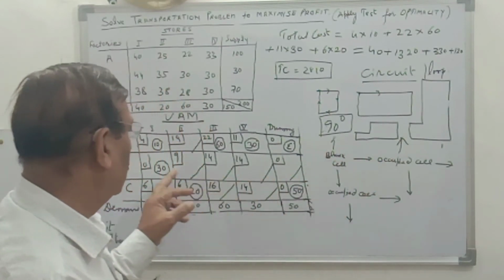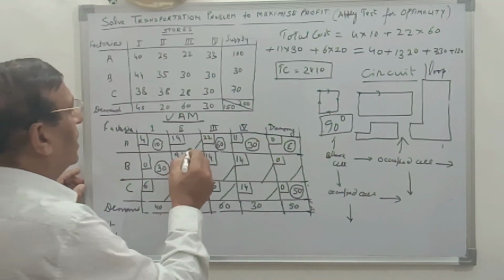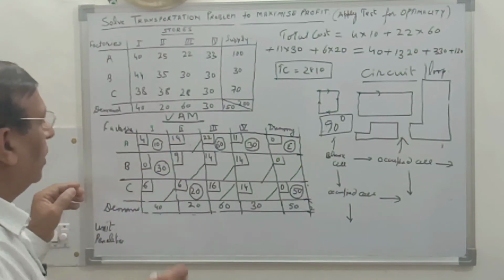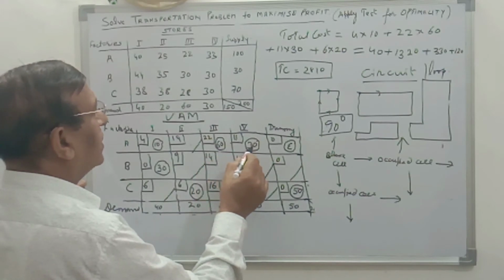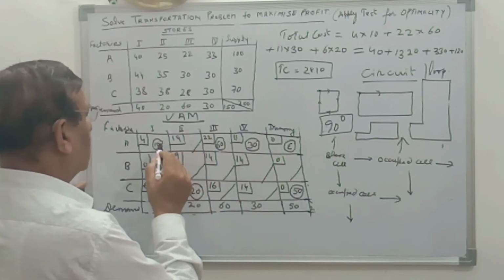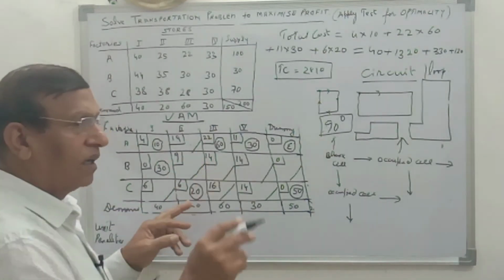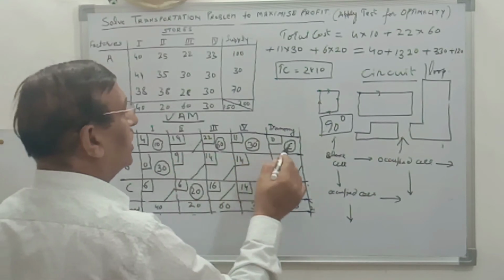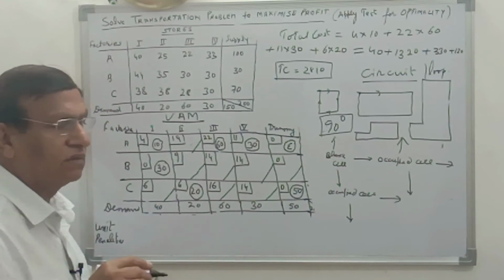Only then can you use the stepping stone method. So this is the blank cell. Now you have to move either this or this or this or this, but you have to come back from the occupied cell. So if you go from this to this and this and this, then you will come over here.